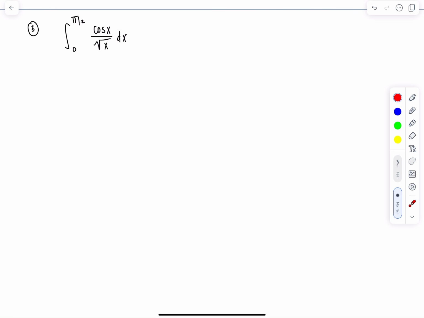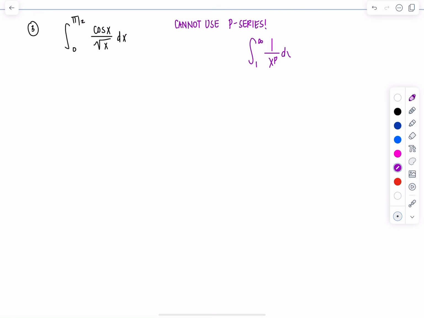What do you suspect is happening? Oh, I don't know. It's difficult. You cannot use p-series. Don't think about p-series. Why? Well, p-series only work as long as the lower limit goes from 1 to infinity, 1 over x to the p dx.